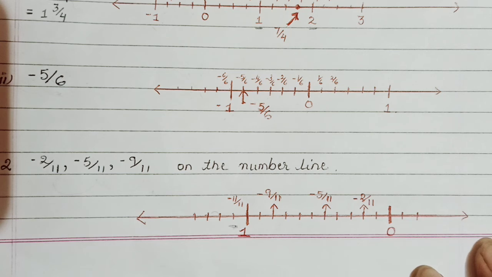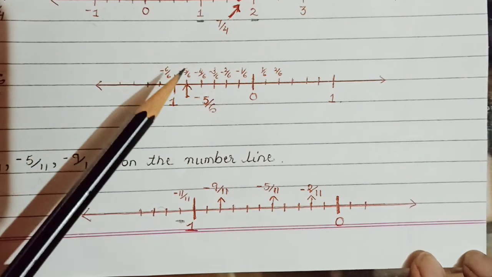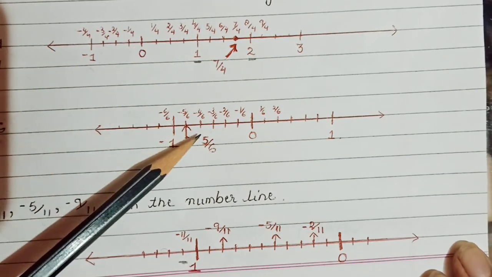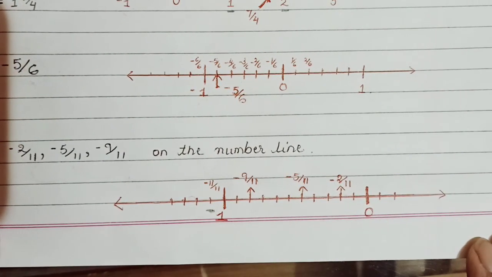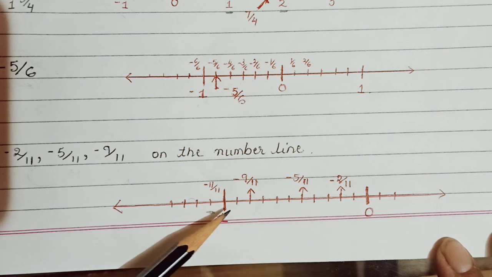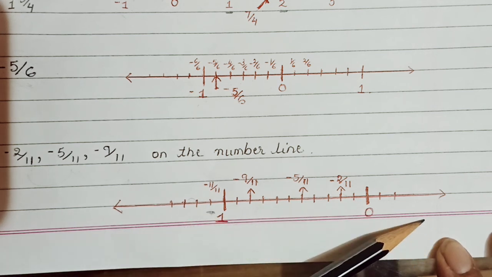Okay, 0 and -1. But this time there will be 11 divisions. In the previous one, the denominator was 4, so 4 divisions. Here it was 6, so 6 divisions. Now we have the denominator as 11, so I'll be making 11 divisions. So I started off with 0. Again, negative numbers are our interest, so I've highlighted the left side of the number line.